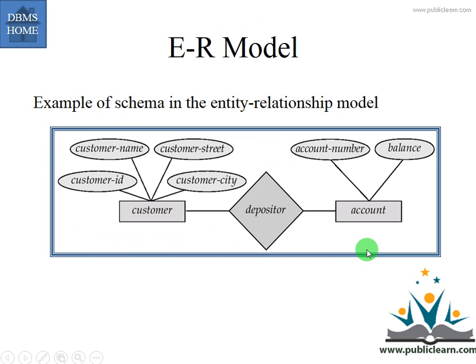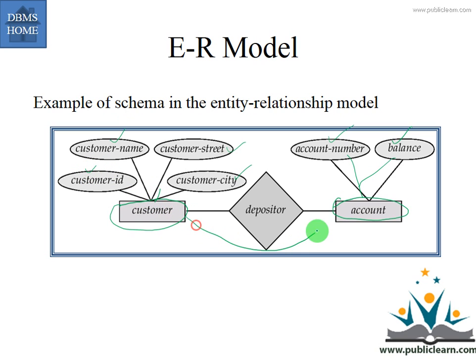See the ER model. Here the customer is one entity, and account is another entity. Account number and balance are attributes of account, and customer city, customer street, customer name, customer ID are attributes of the customer.